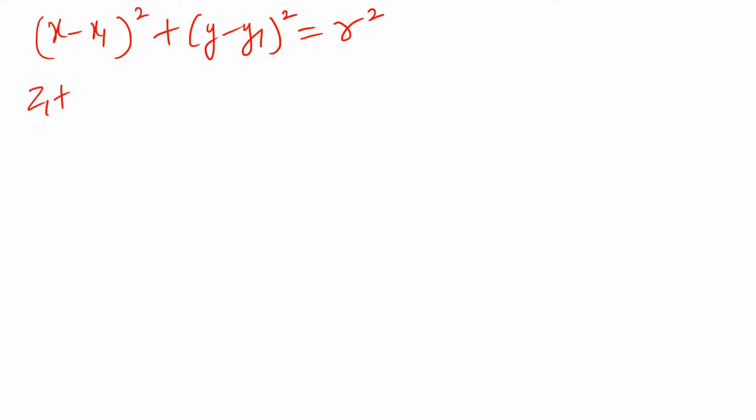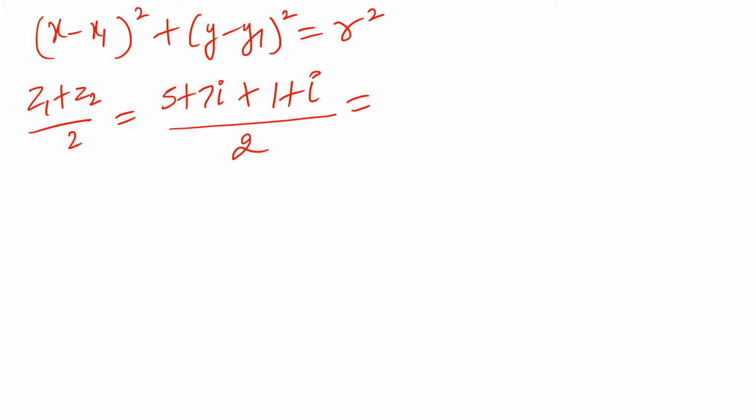Since it is (z1 plus z2) divided by 2, it is going to be (5 plus 7 iota plus 1 plus iota) divided by 2, or it is going to be 3 plus 4 iota. Fine. So that means the coordinates of the center for this circle will be (3, 4).